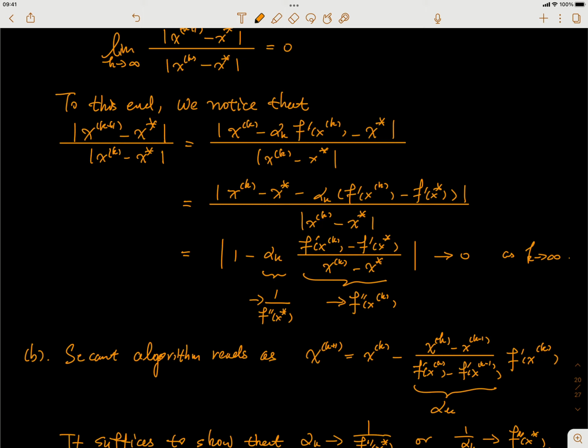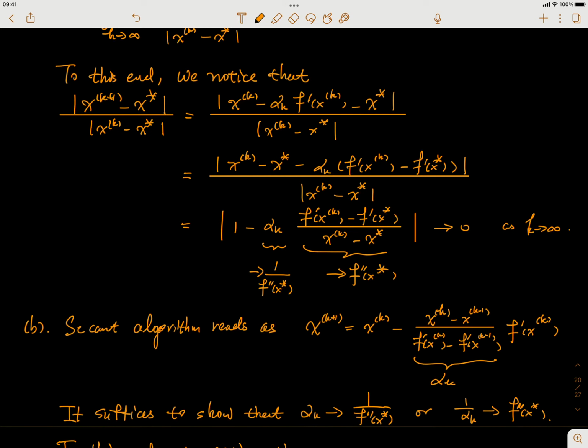This is what we know from the question. On the other hand, we know this converges to this x star as well. The reason for the second one is that xk converges to x star.